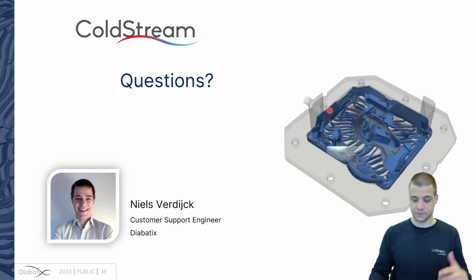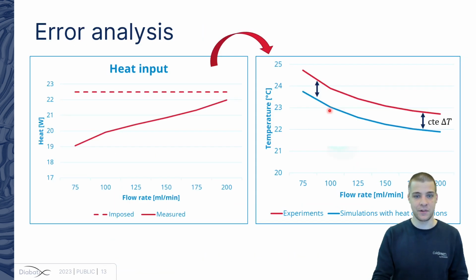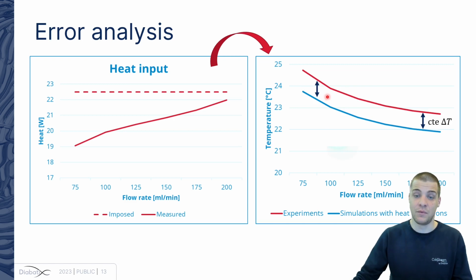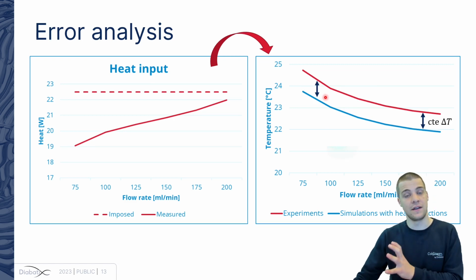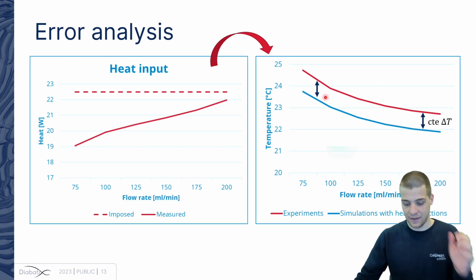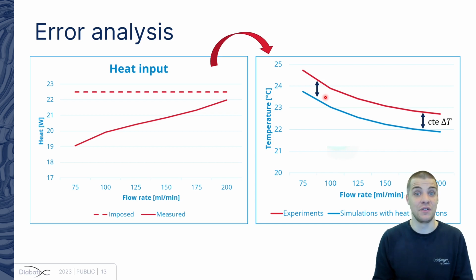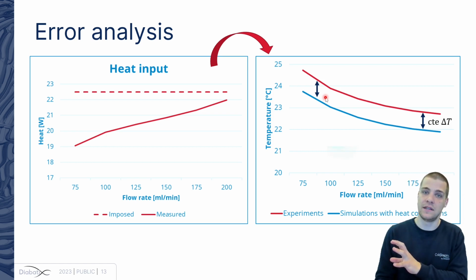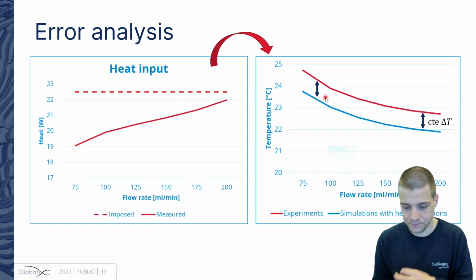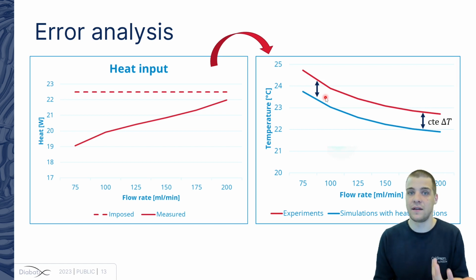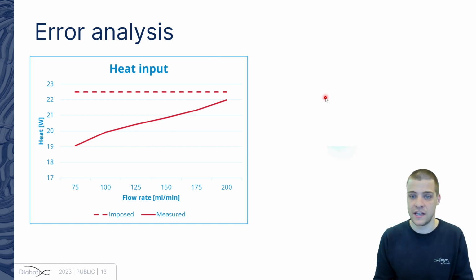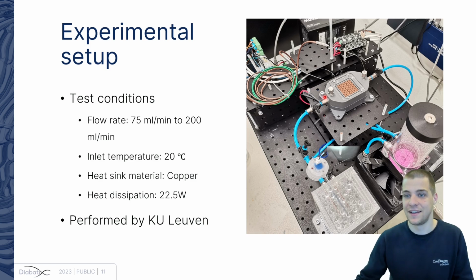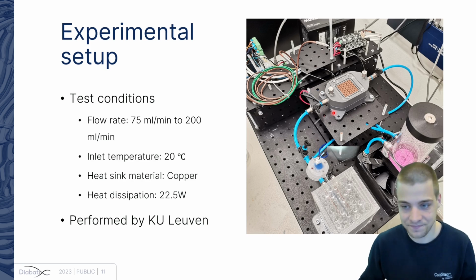Excellent question. So in the experimental results, we only covered the temperature and not the pressure drop. You heard me mention that the pressure drop is equal for both the conventional design as well as the topology optimized design, but we never validated it in the experiments, and there is a very good reason for that. Basically, in the setup itself, there were no pressure sensors.